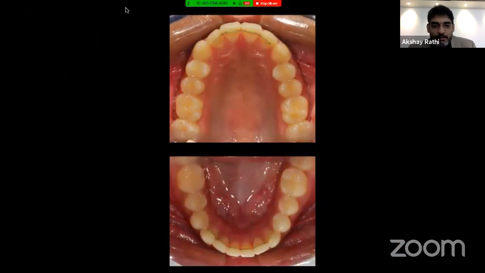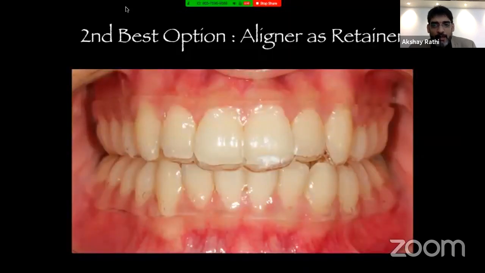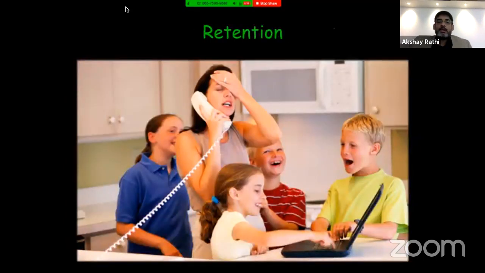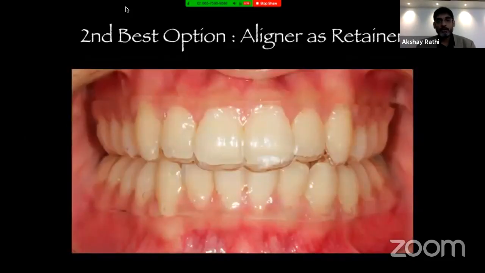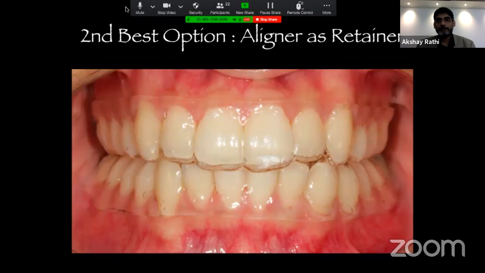This patient is based in UK. I don't want my patients to have some relapse taking place. So my plan B would be, in addition to this, I am giving this so that when I have multiple patients, I don't have the issue of a broken fixed retainer interfering with my treatment.